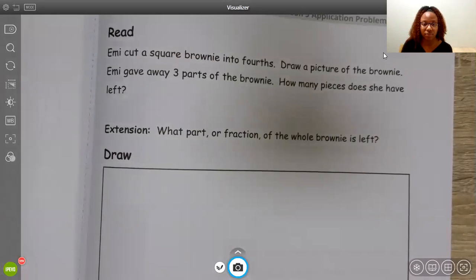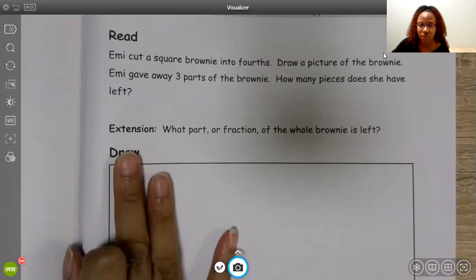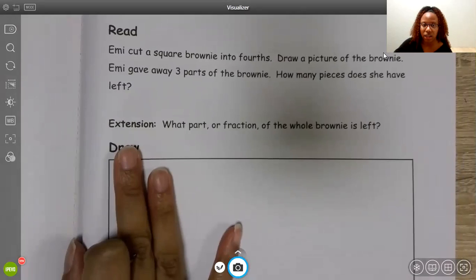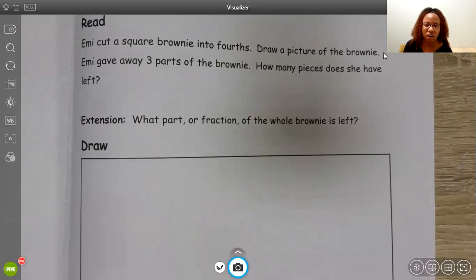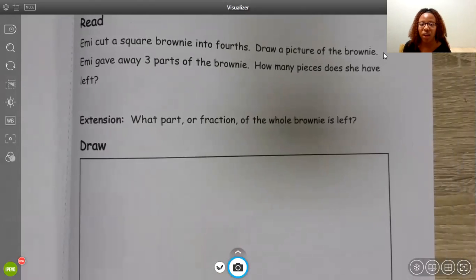All right, so we're not going to use our cube strategy for this one today because I know that we just started talking about fourths, so I want to work this problem out together. And we're going to go sentence by sentence. So our first sentence says, Emmy cut a square brownie into 4.